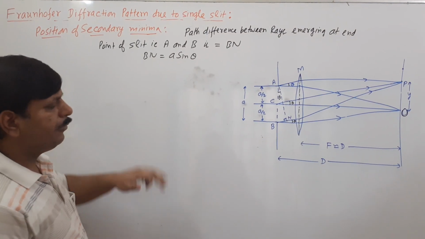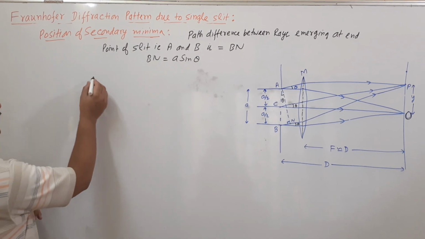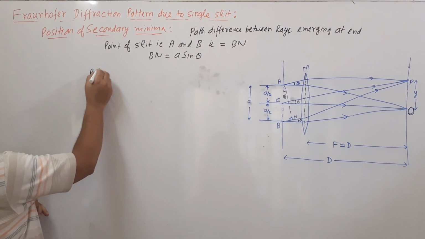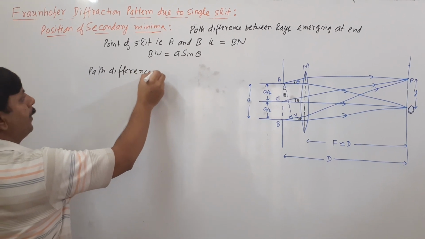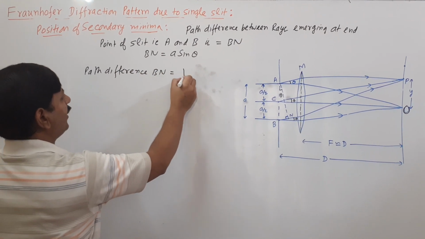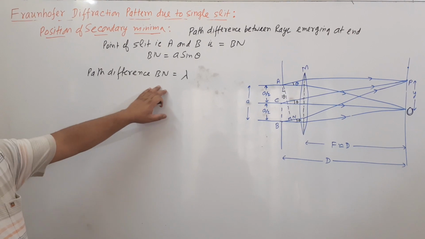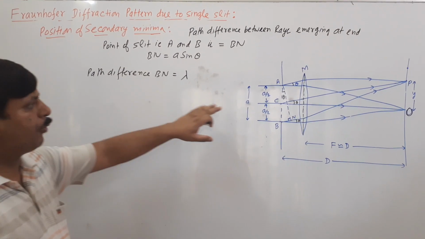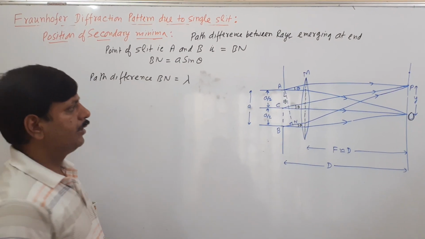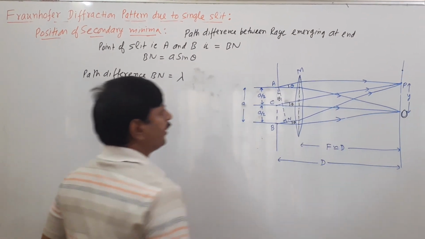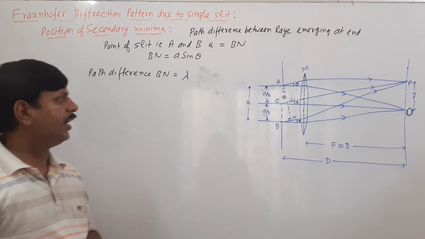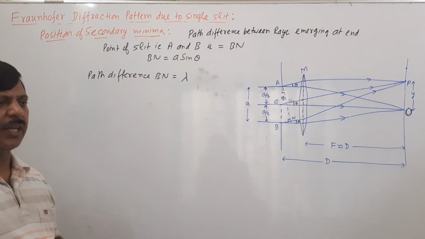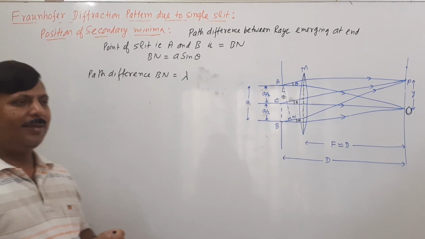See here, what we have seen is, when the path difference Bn is equal to lambda, point P has minimum intensity. That's why it is called the position of secondary minima.